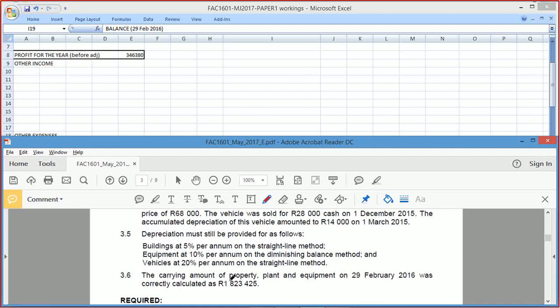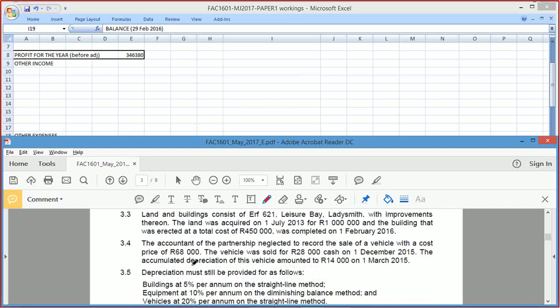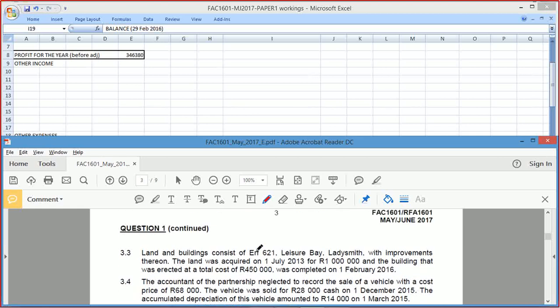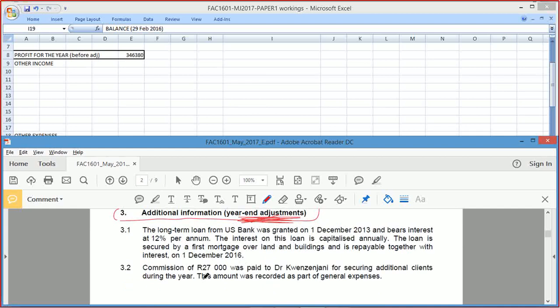So 3.6 is looking at carrying amounts. 3.5, depreciation. 3.4, this was a selling of a vehicle. 3.3 was land and buildings. 3.2 was commission. 3.1, a long-term loan was granted and bears interest.